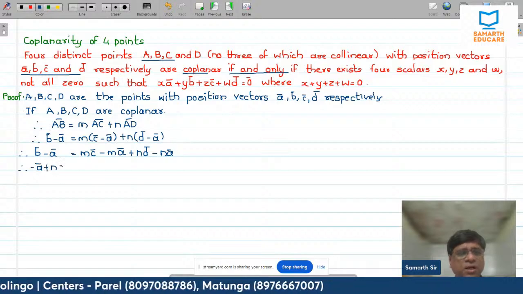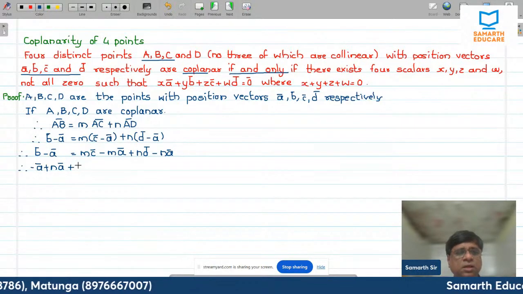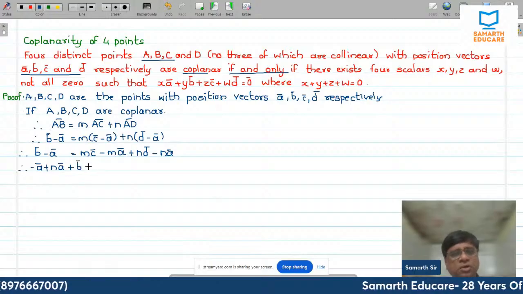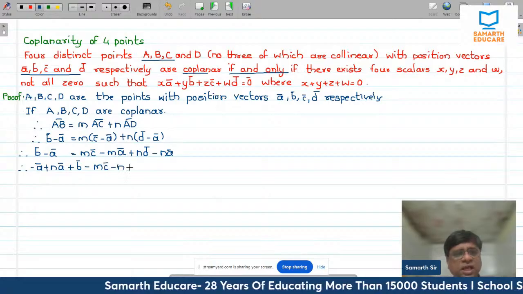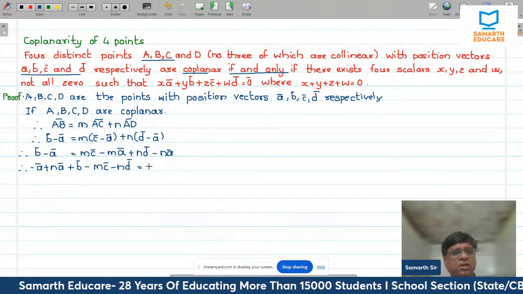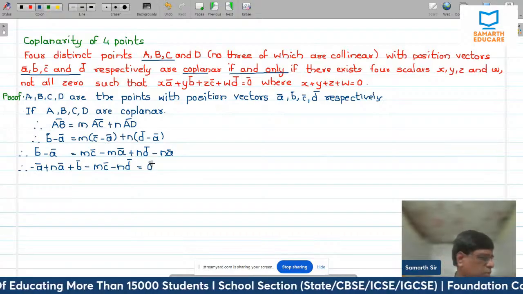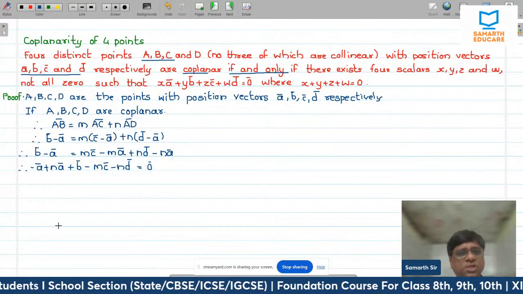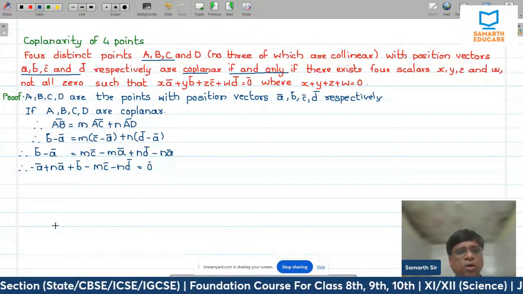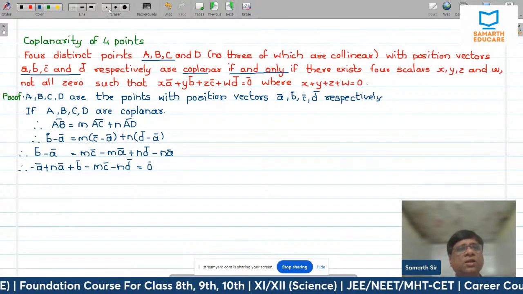So A bar, n A bar plus B bar is the single term, minus m C bar and minus n D bar is equal to 0 bar. So I've taken everything on the left hand side. I'm missing one A bar. Yeah, I'm so sorry. Here I'll rewrite this.